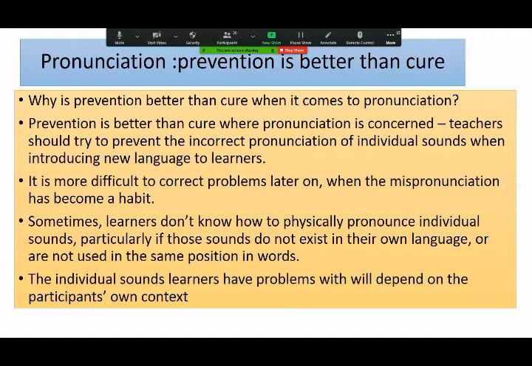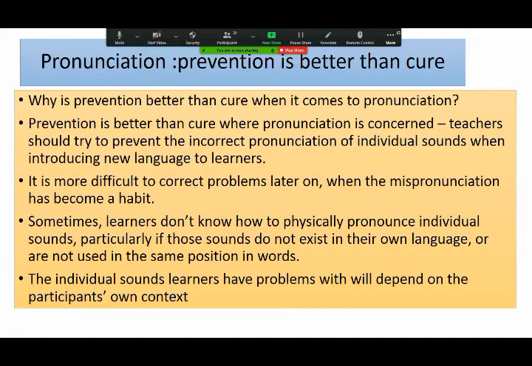Sometimes learners don't know how to physically pronounce individual sounds, particularly if those sounds don't exist in their own language or aren't used in the same position in words.